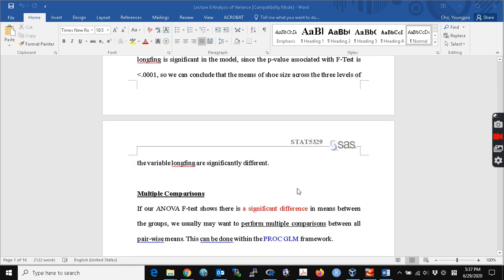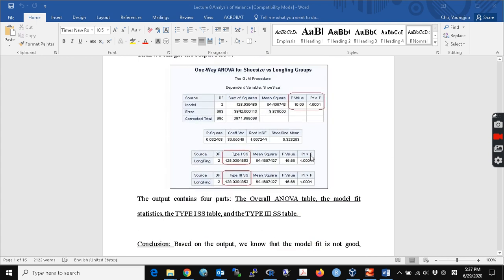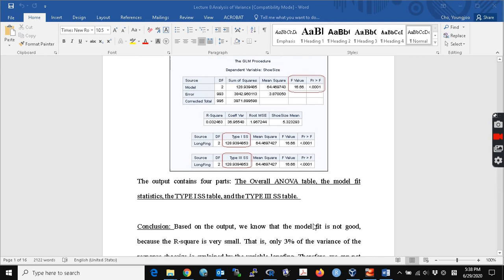If one-way ANOVA shows a difference, as I said, this only tells us that at least one pair of them is different. We don't know which pair is different.